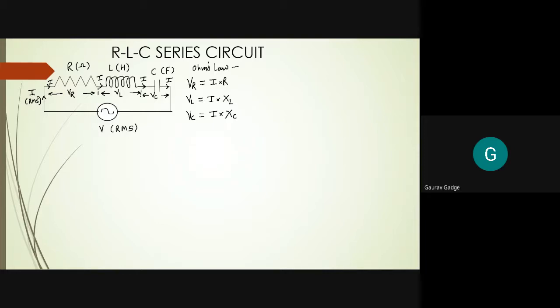Now, with the RMS voltage and RMS current passing through the respective elements, we get these voltage drops.